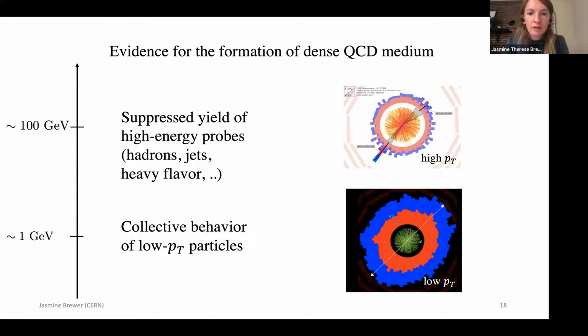But if you look on much higher scales, we also see a suppressed yield in heavy ion collisions of both jets, but also hadrons and other hard processes, from interactions with the medium. This is indicative of strong interactions between these high momentum particles, which are produced in the underlying collision, and the quark-gluon plasma. These are the types of signatures which give us access to this interaction in heavy ion collisions.